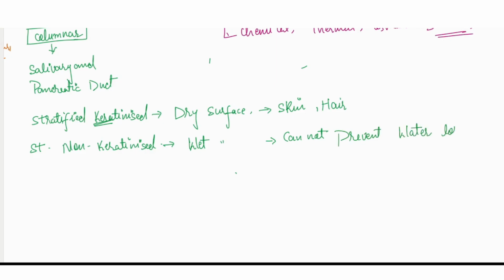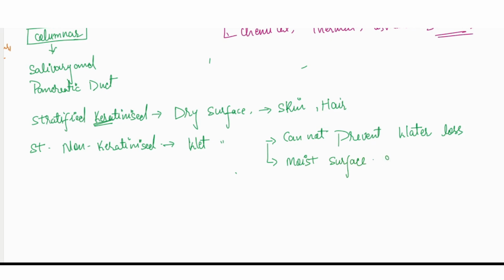Water can cross this layer, so water will be absorbed by this layer. It gives protection against abrasion. It is present at moist surfaces wherever water is available.